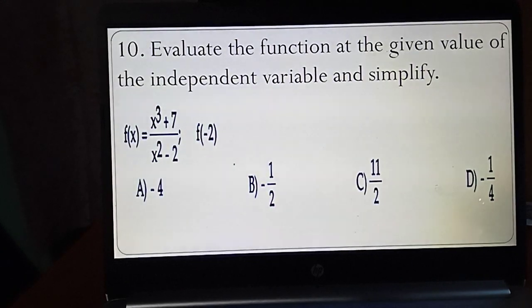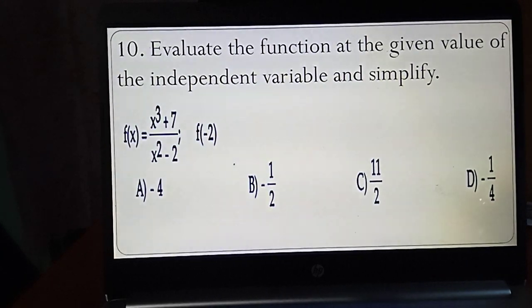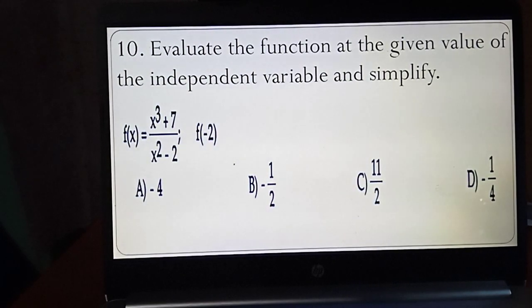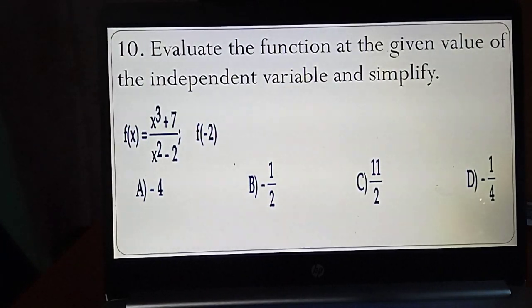That means we are going to substitute negative 2 for all the x in the expression. So let's substitute: negative 2 cubed plus 7 over negative 2 squared minus 2.